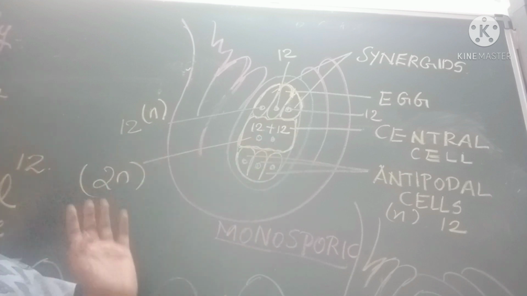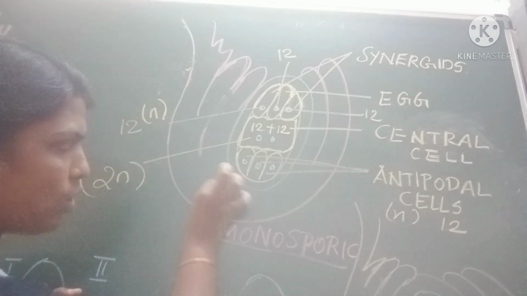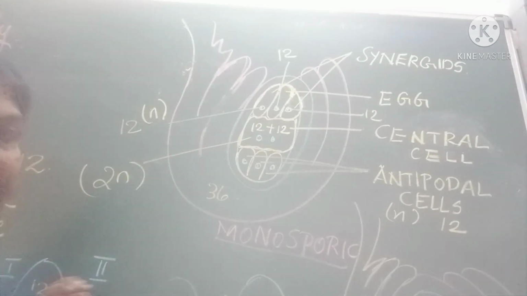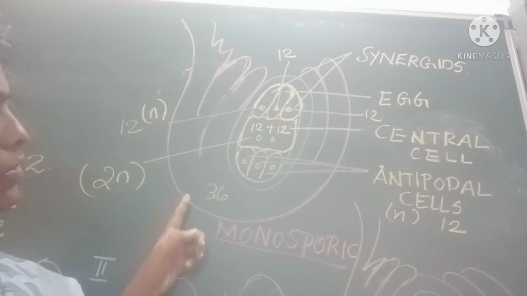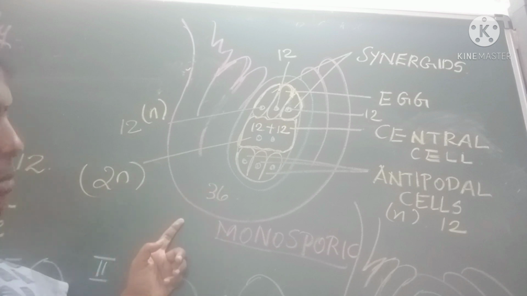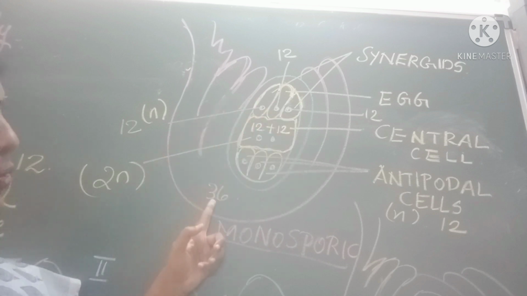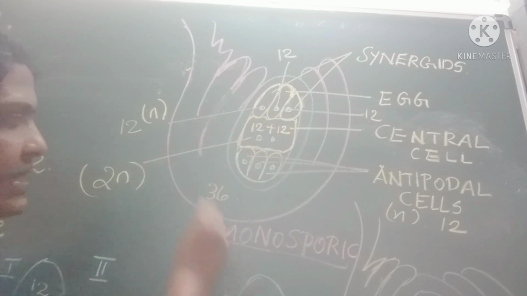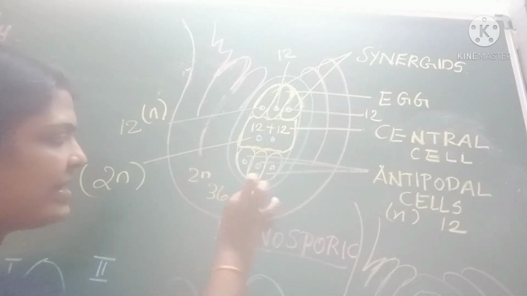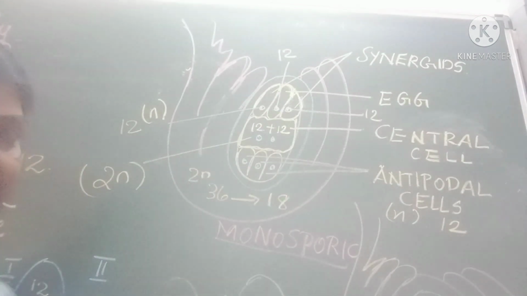Suppose a cell has 36 chromosomes. Suppose it is undergoing female gametophyte formation, then what will be the chromosome number of each cell in the embryo sac? So here 2n is 36. So n is what? 18. n is 18.